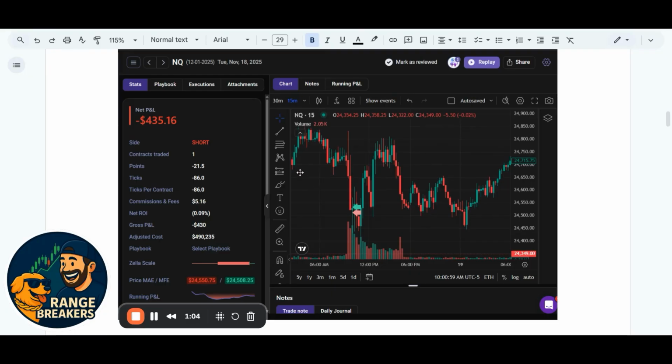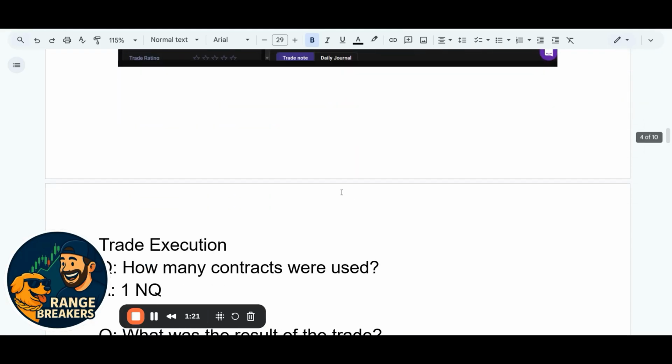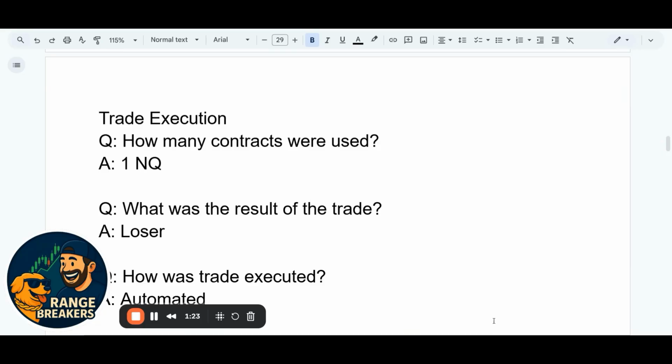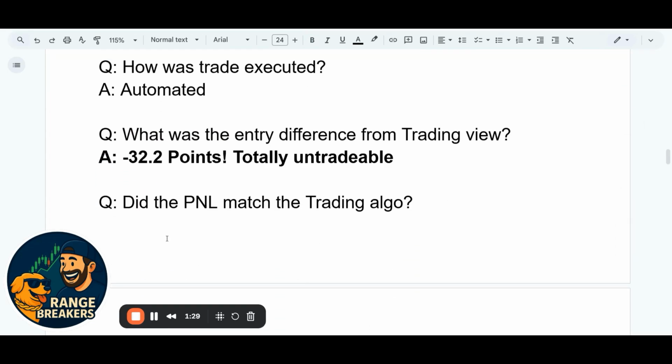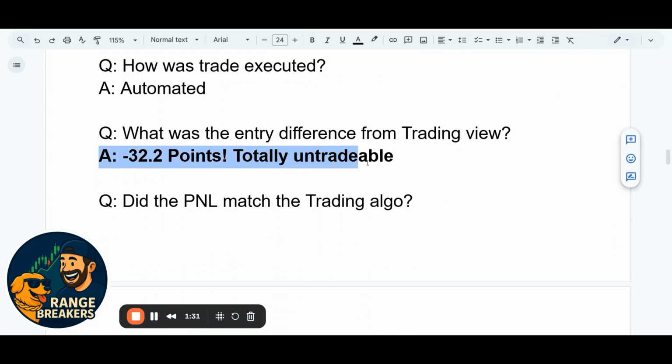So this is the reason why automation cannot be traded, at least with the current setup and the current software. So this is on Tuesday, one contract, and this was a winner in TradingView. This is a $220 winner, and it was minus 21 points. So this is on one NQ contract. Result of the trade was a loser, and it was automated. 32.2 points difference.